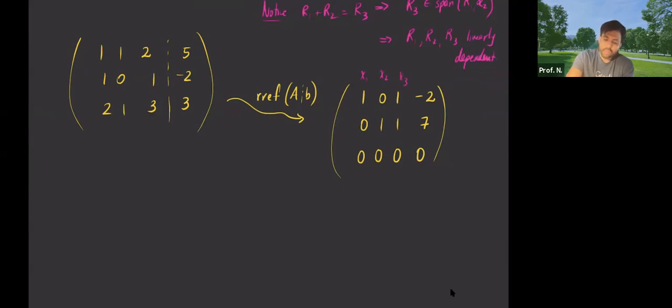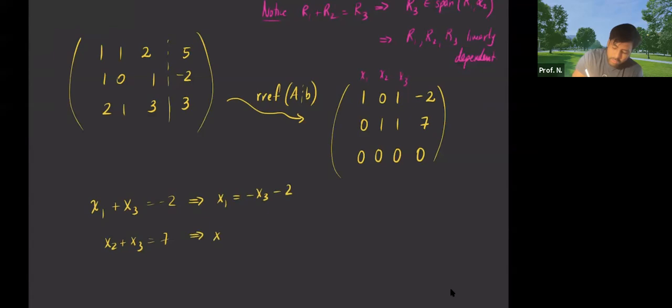So when we solve this, what do we get? x1 plus x3 equals -2, and x2 plus x3 equals 7. So x1 is equal to -x3 minus 2, and x2 is equal to -x3 plus 7.